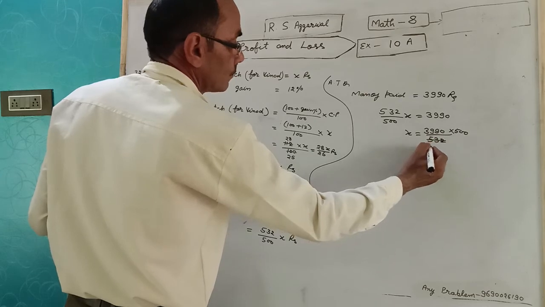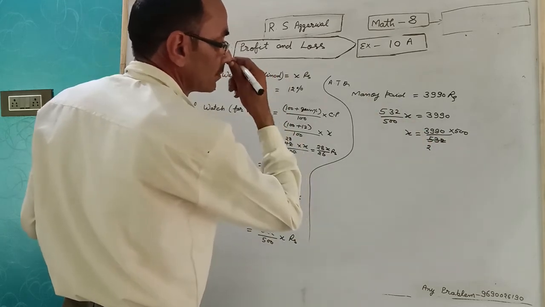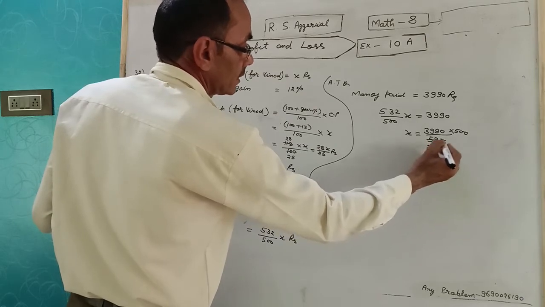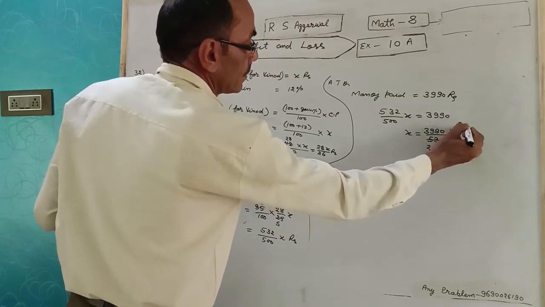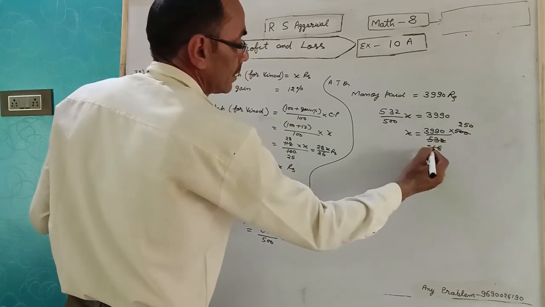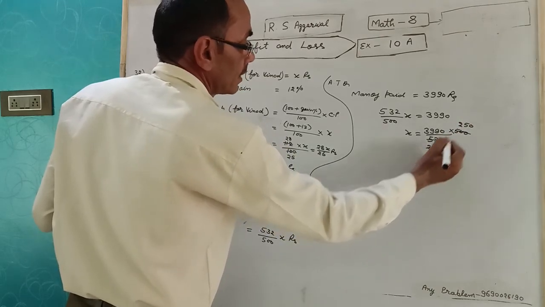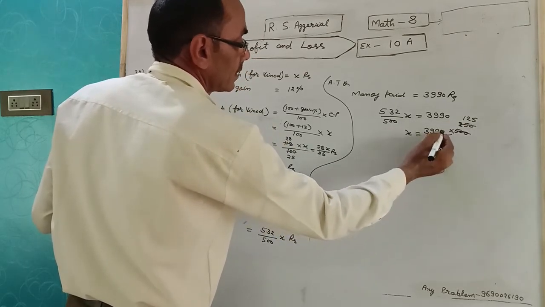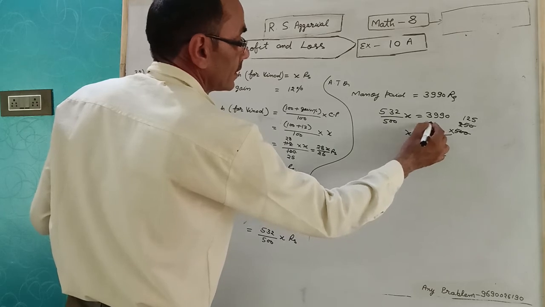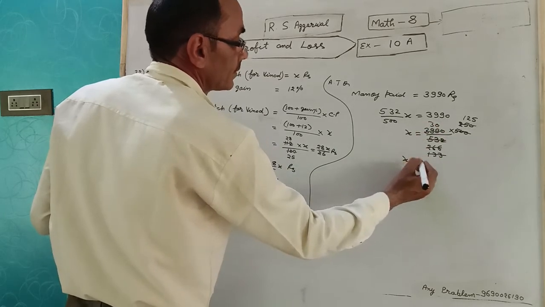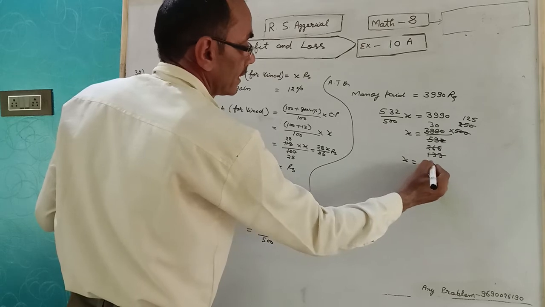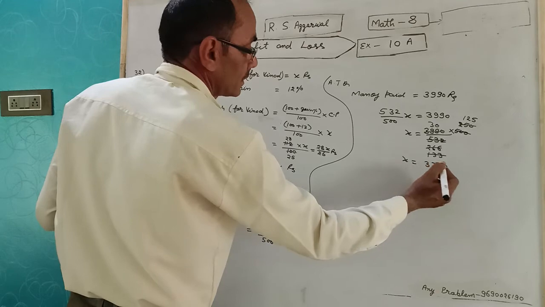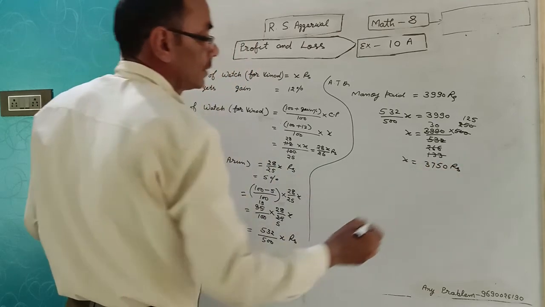Dividing by 2 and then by 133, after multiplying we get 3,750 rupees.